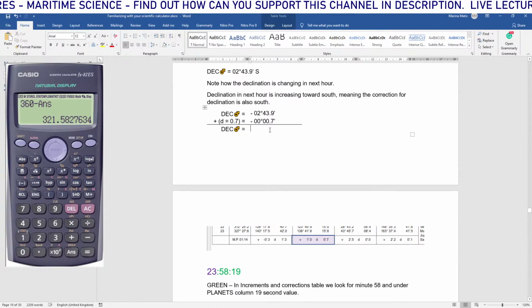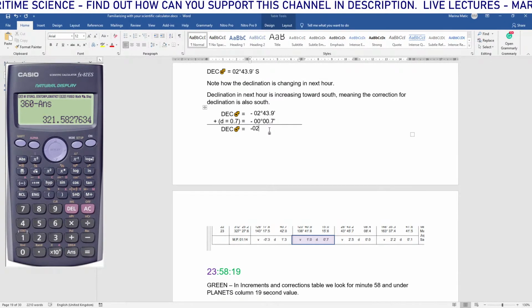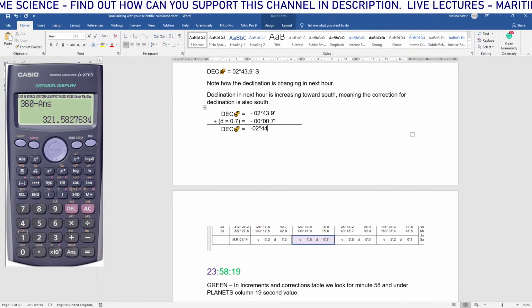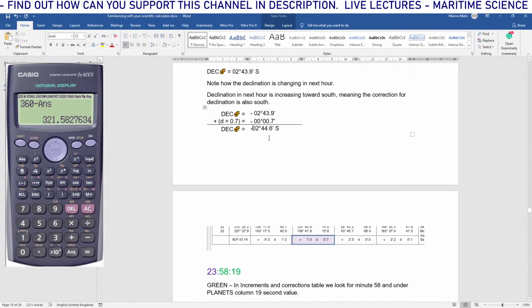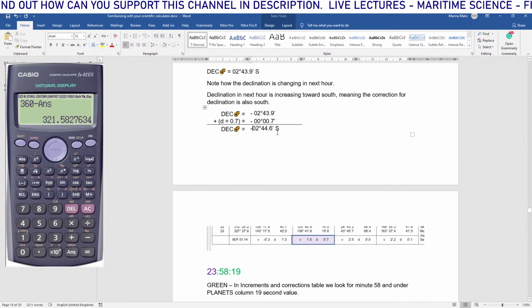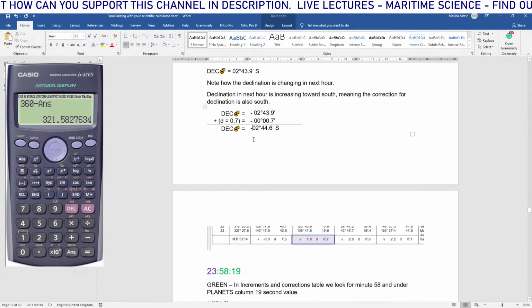And now we can get the result. So minus 9 plus 7 is how much? It's minus 0.2 degrees, 44.6 minutes, and because it's negative, it is south. So if I get a negative result, it tells me that the value is south. Declination is south.